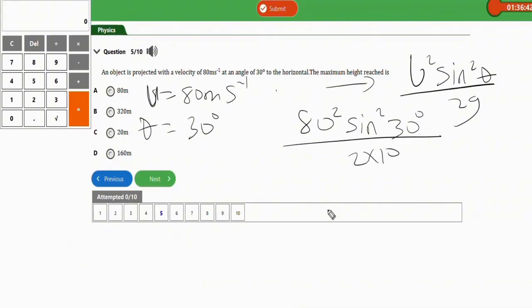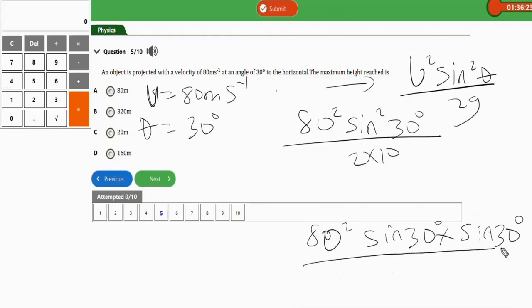Alright, now to break this down, this is the same thing as 80 square times sine 30 degrees times sine 30 degrees over 20. Alright, so I've already established that sine 30 degrees is the same thing as 0.5.